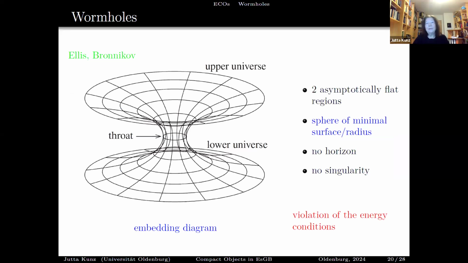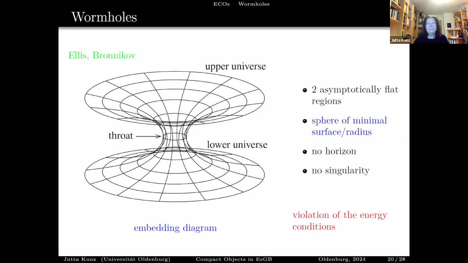So this is just the sketch of the wormholes. The first, I would say, most relevant in the literature were those from Ellis and Bronnikov, and they also appeared basically at the same time, same year.